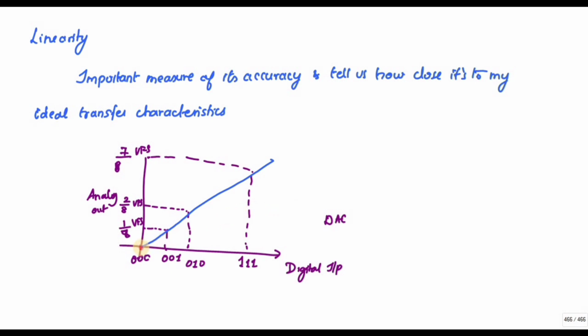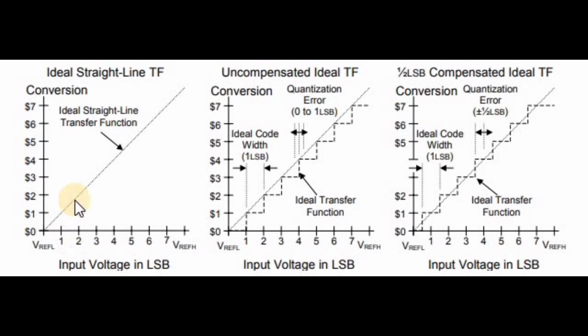But what I actually get for 0 0 0, I will get 0. Suppose instead I am getting like this, for ADC or DAC. You can see this is my ideal straight line transfer curve, and this one is called the ideal transfer function.